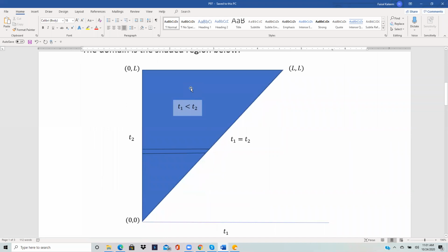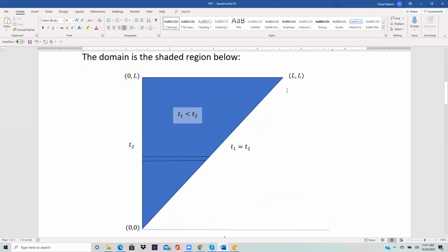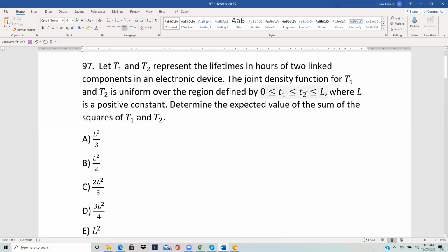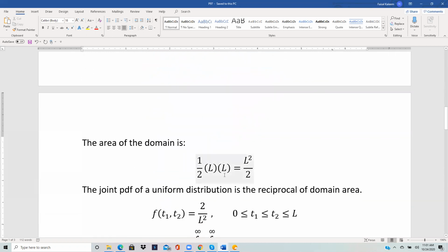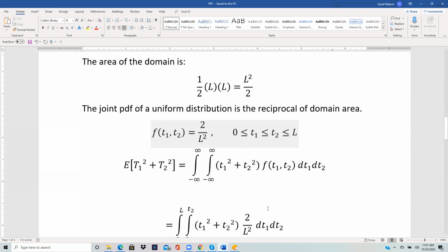So we need the area of this triangle, which is half times base times height, and both the base and the height are L, because T1 and T2 are both less than or equal to L. So domain area is half L times L, which is L squared by 2. And so the joint PDF is the reciprocal of the area, so it's 2 over L squared in the region that is given.